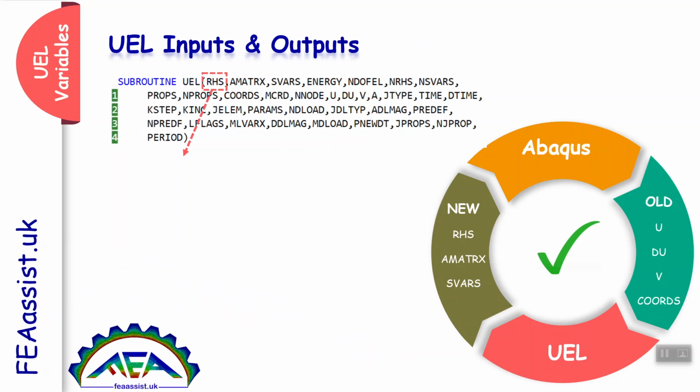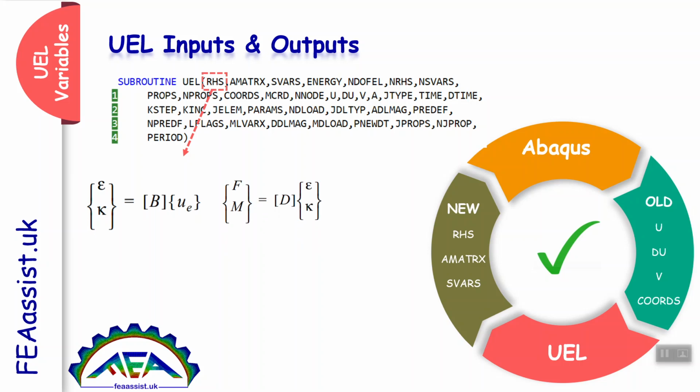As an example, I explain one of the most important variables here, which is the output of UEL, RHS, right-hand side matrix. Strain is a function of displacement. Here we add curvature for that. K is curvature. Strain and curvature are a function of UE, which is displacement, by a matrix we call B matrix.